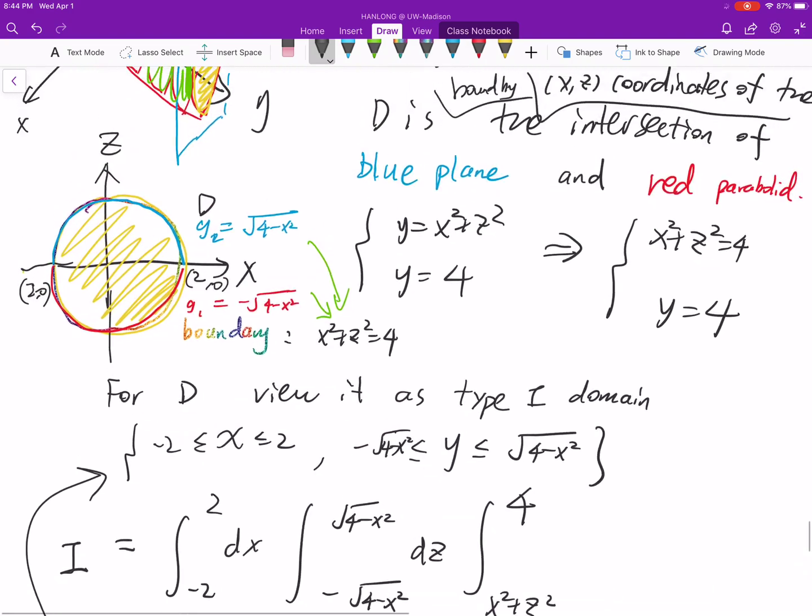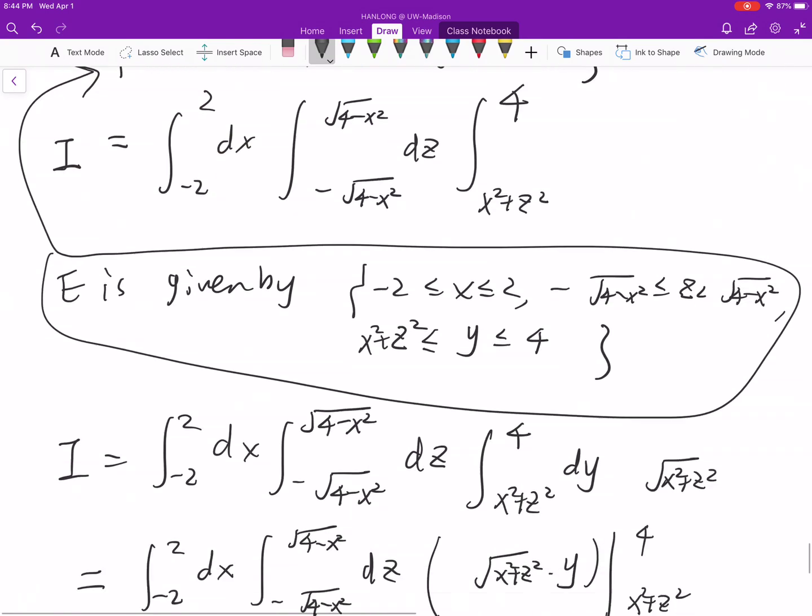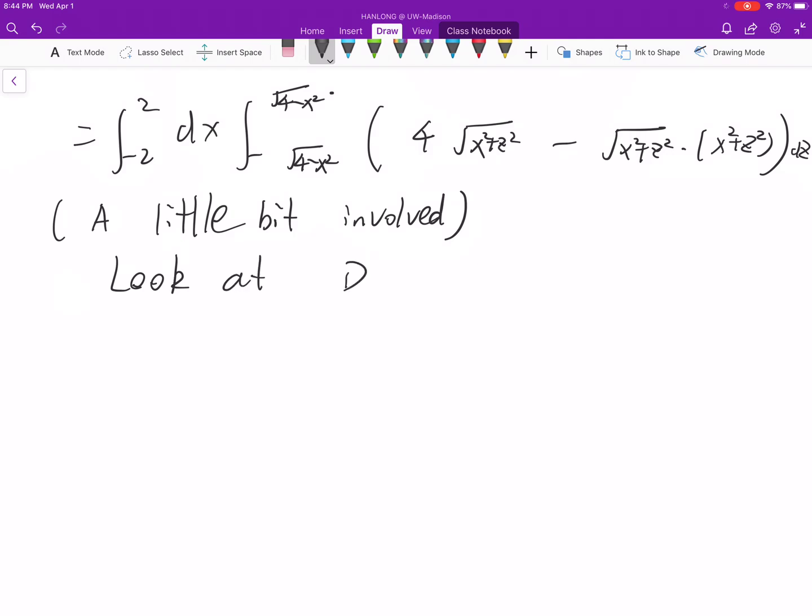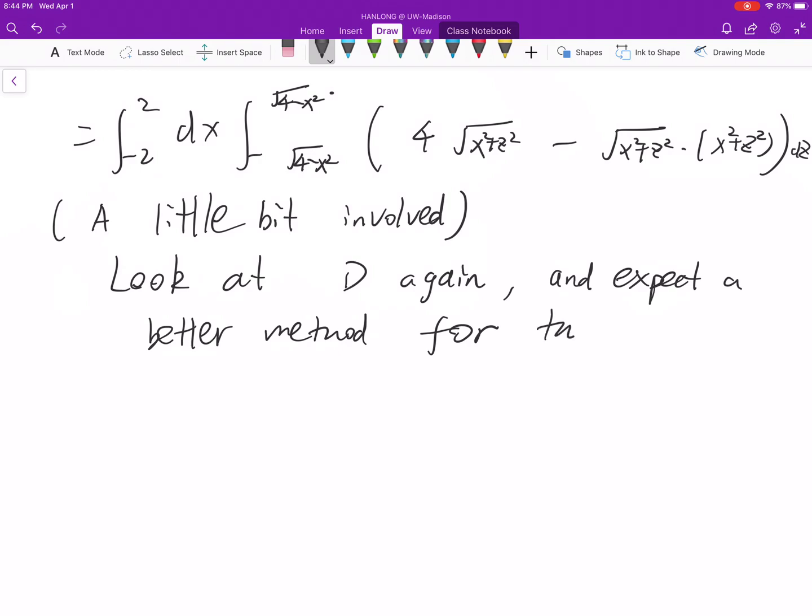But if you look at the region, look at D again, and expect a better method for the next step.